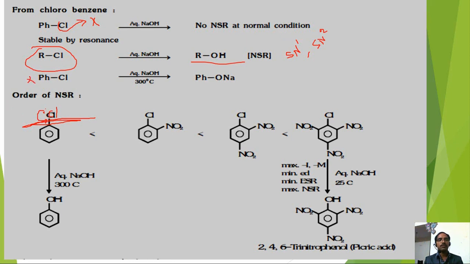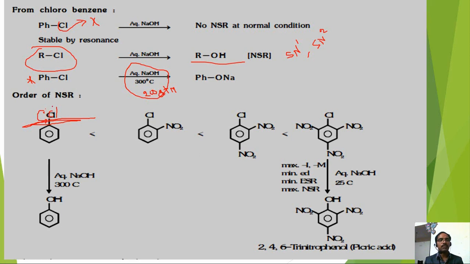In the first step I said it is not possible to make phenol from chlorobenzene, but here we can make phenol, though in extreme conditions: aqueous NaOH at 200 atmosphere and 300 degrees Celsius. It is a very rare case.